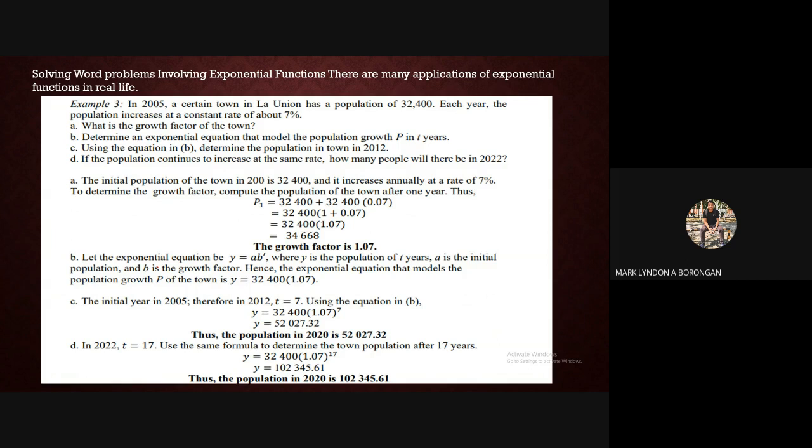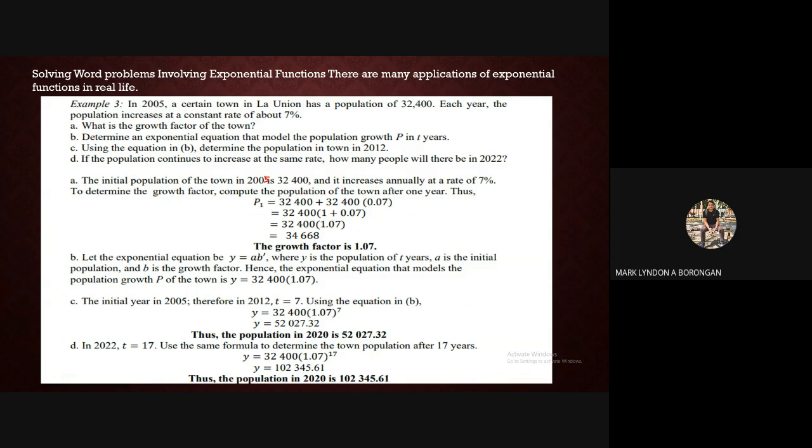you have there the initial population of the town in 2005 ni siya. In 2005 is 32,400. And it increases annually at a rate of 7% daw. So mag-increase daw siya with a rate of 7%. Now to determine the growth factor, we will compute the population of the town after 1 year. Okay?